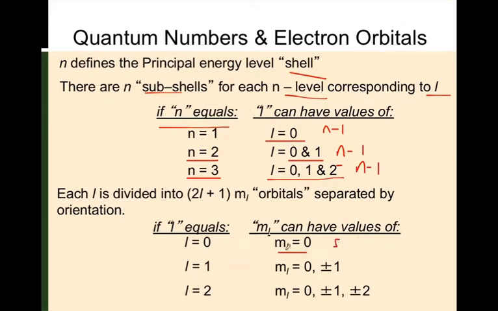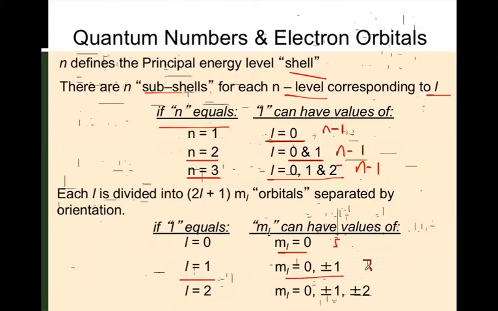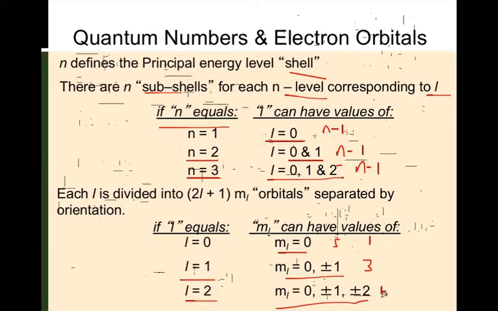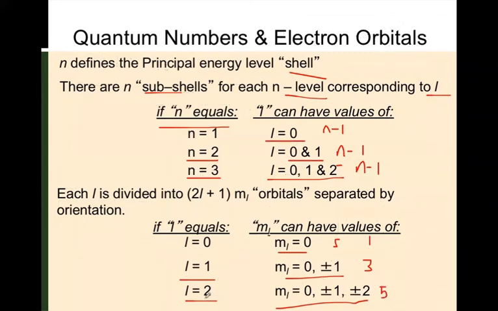There only is one s orbital. When L is equal to 1, we have 3 possible orbitals. So 3 here: 0, minus 1, and plus 1. When L is equal to 2, ml is equal to 0, plus or minus 1, plus or minus 2. We have 5 orbitals here. That's 2L, 2 times 2 is 4, plus 1 is 5.